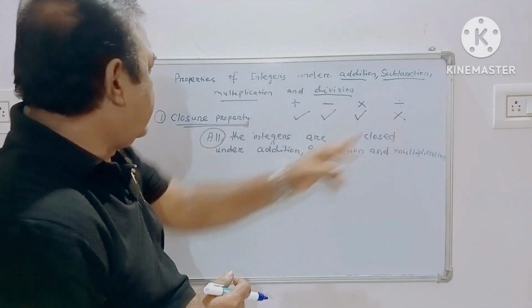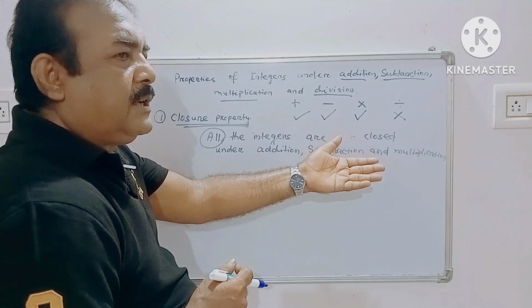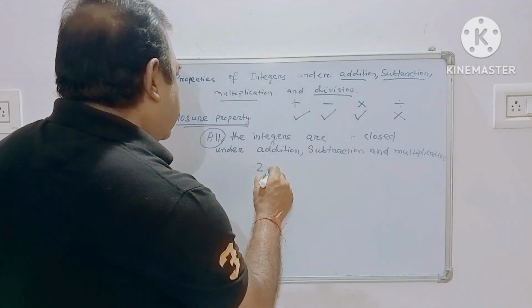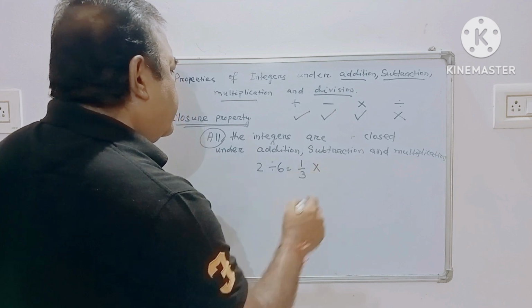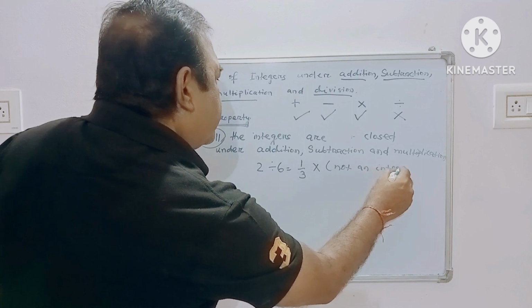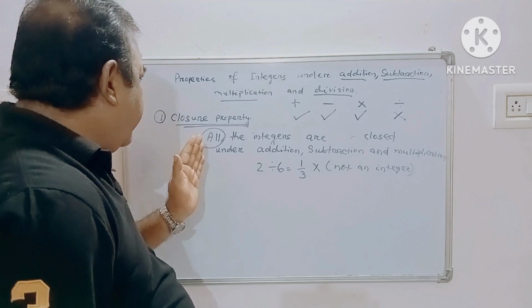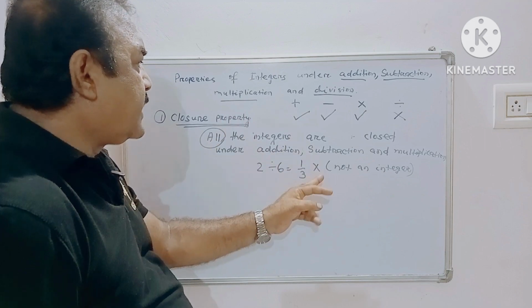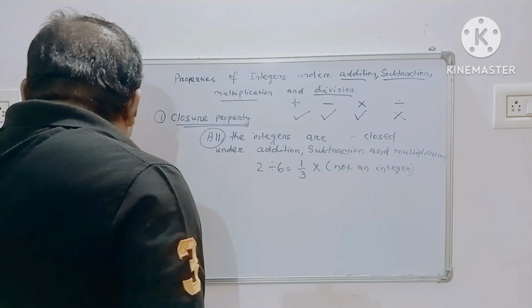In case of division, some integers are successful in giving another integer, but not all. Like 2 divided by 6, what we did, that is 1 upon 3. It is not an integer. So we can write and remember it. All the integers are closed under addition, subtraction and multiplication. Just you work it and remember it.